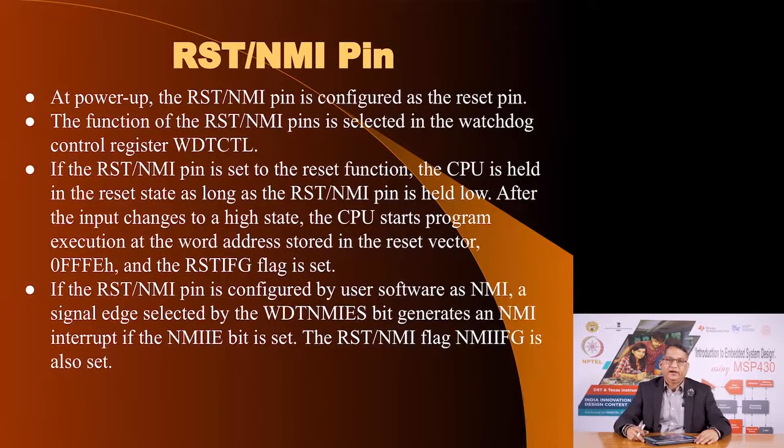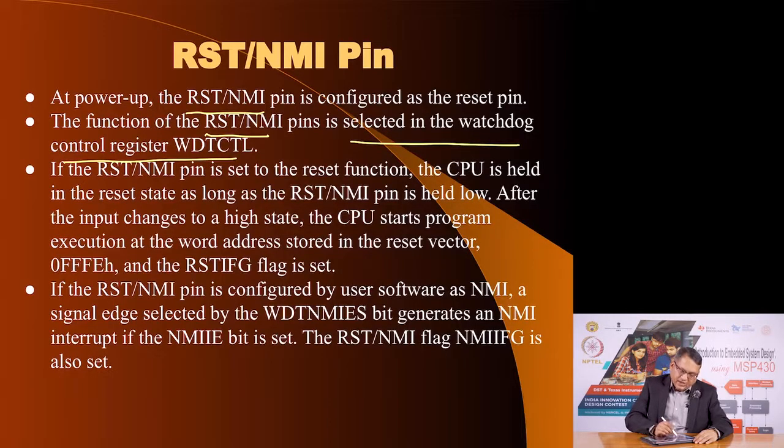Here are the details of the RST NMI pin. At power on, when you turn the power on, the RST NMI pin is configured as reset pin, and the function of the RST NMI pin is selected in the watchdog control register.